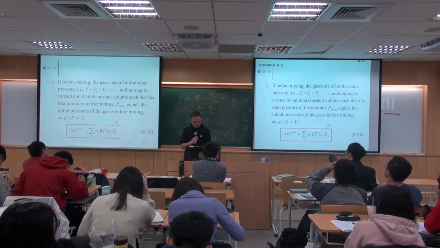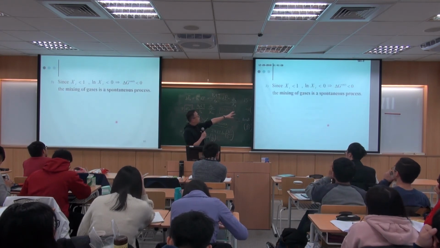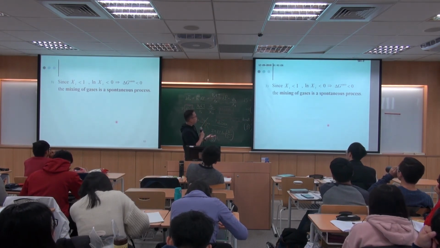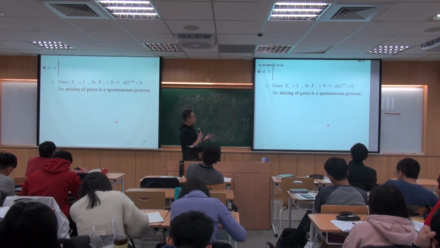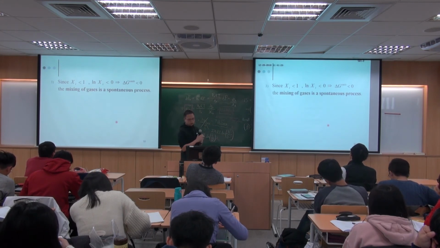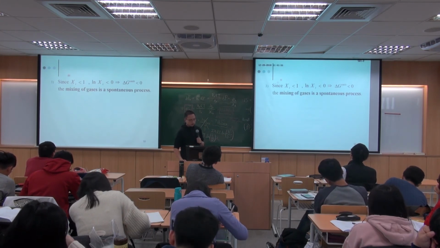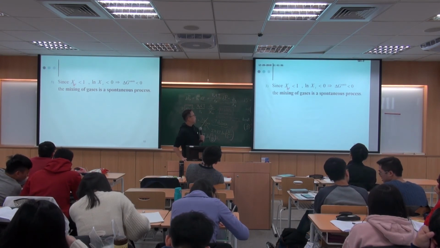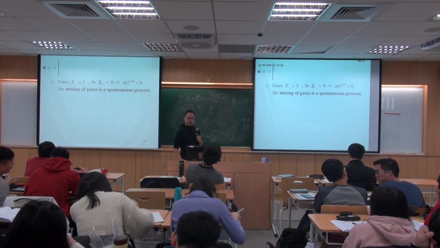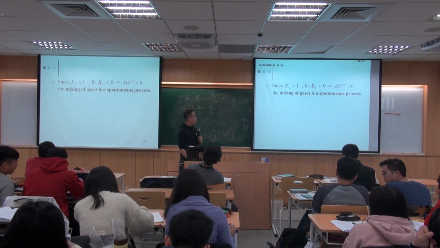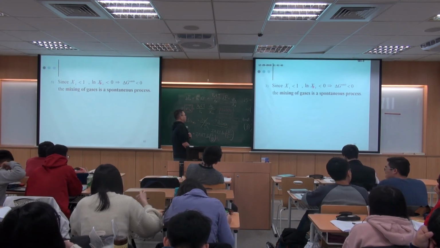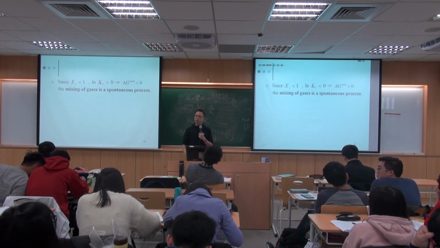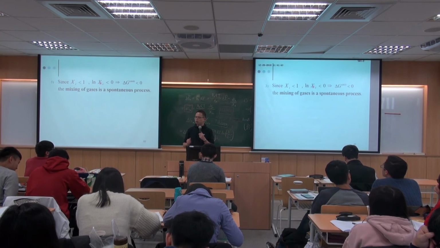So this is the example of the change of mixing Gibbs free energy, and we all know that typically x_i is less than 1. Of course, it should be less than 1 because the maximum number for x_i will be 1, will be unity. So log x_i is always less than 0, which is a negative number, and it turns out that delta G mix is less than 0. So the mixing is a spontaneous process because the Gibbs free energy has been decreased.